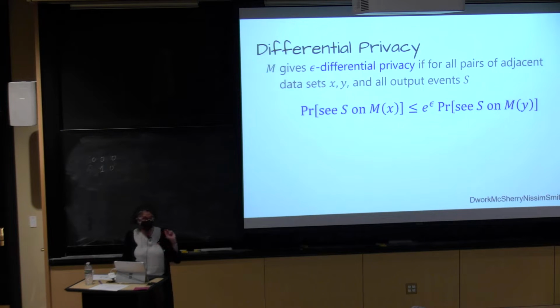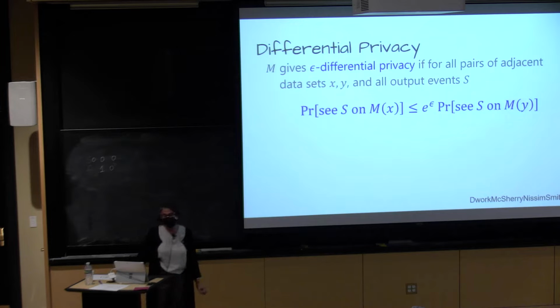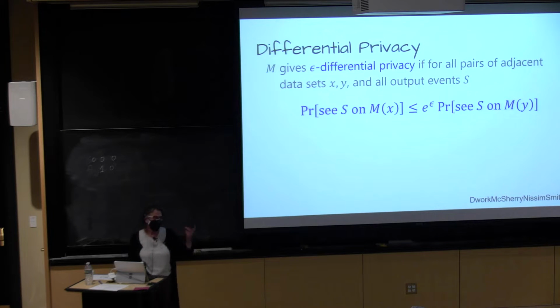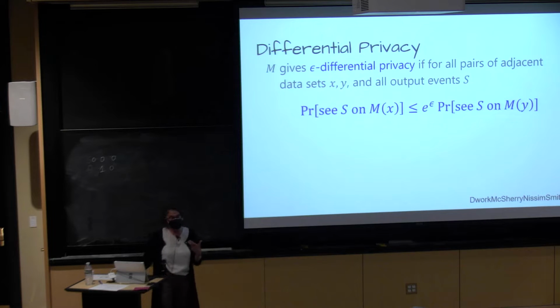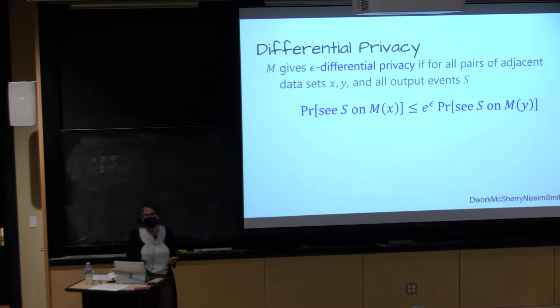And given this notion of adjacency, and notice I didn't say which of X or Y was the largest one, we're going to require that for every possible output event, when the algorithm operates on a data set, the probability that we observe this event when the algorithm is running on database X is at most e to the epsilon times the probability that we observe this event when the database is Y. So we're bounding this ratio, just divide through by the probability of the event on M of Y. And since the roles of X and Y are symmetric in this definition, the other inequality has to hold as well.